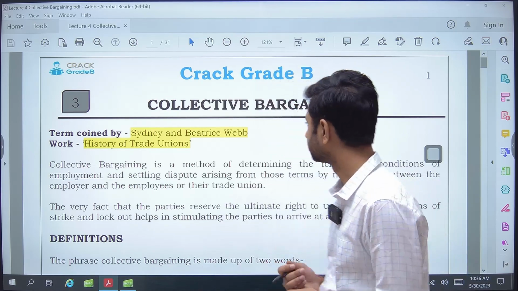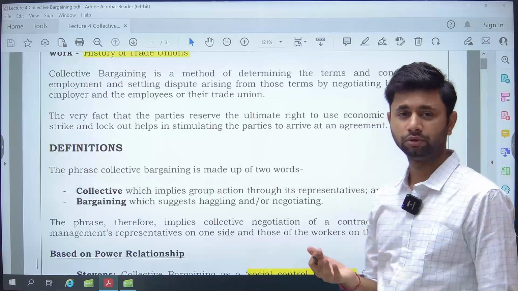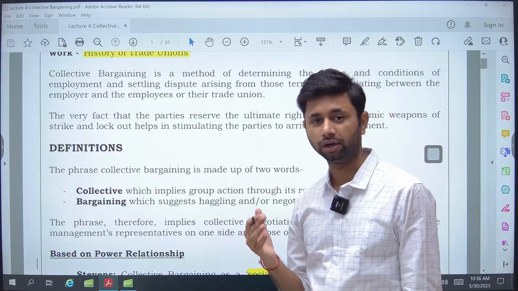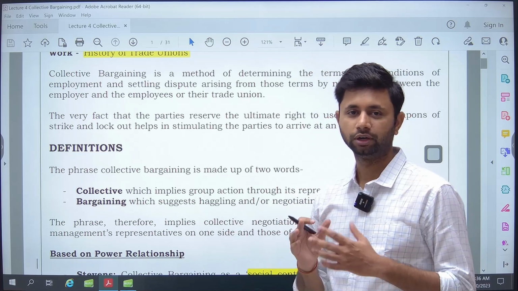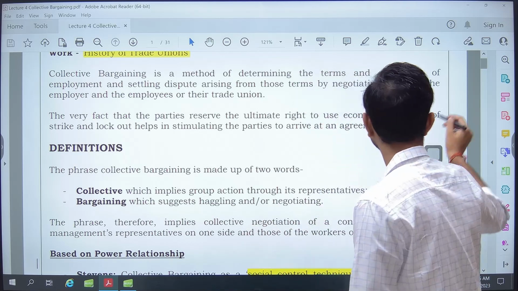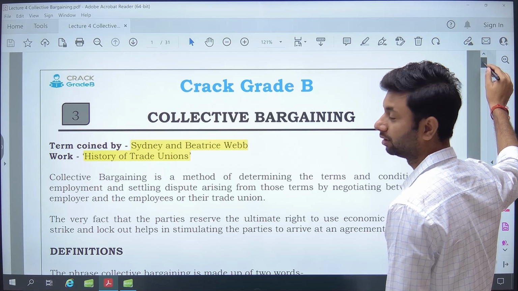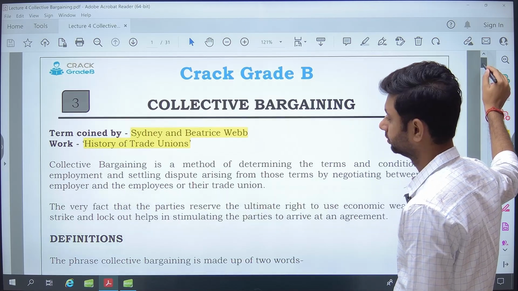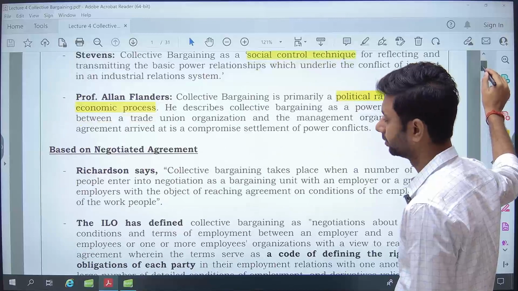Okay. So first of all, I'll give you a brief review of what the chapter is, what are its major constituents, so that you get a brief introduction of what the chapter means to you before we go into depth. First of all, we'll be dealing with who coined the term collective bargaining, definitions based on power relationship, based on agreement.